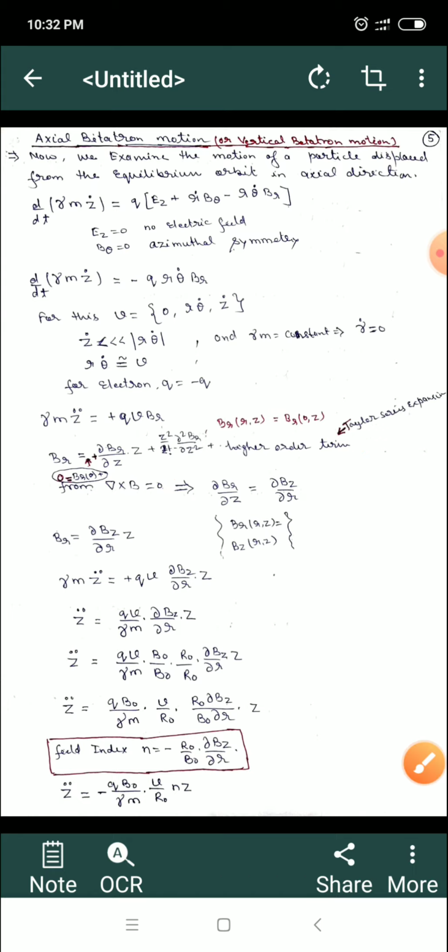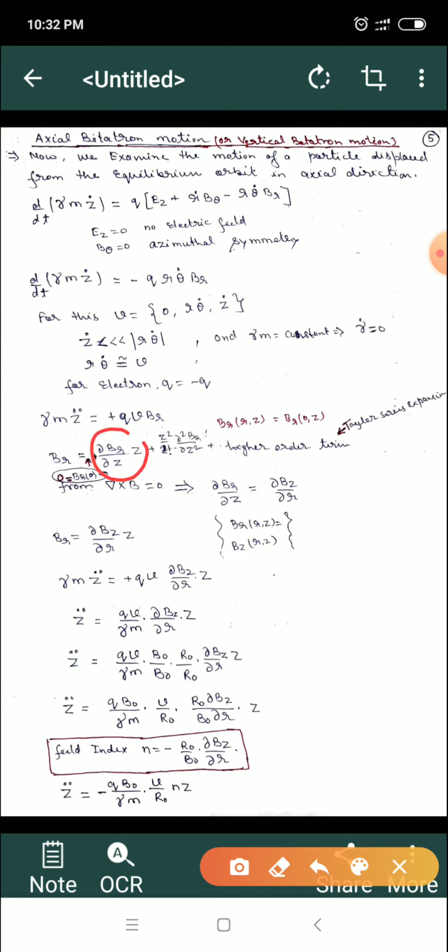We are considering only the first term of the Taylor series expansion, and higher order terms can be neglected. So we can write B_r is equal to del B_r upon del z into z, and in place of del B_r upon del z we can write del B_z upon del r. That is why I have written B_r is equal to del B_z upon del r into z.